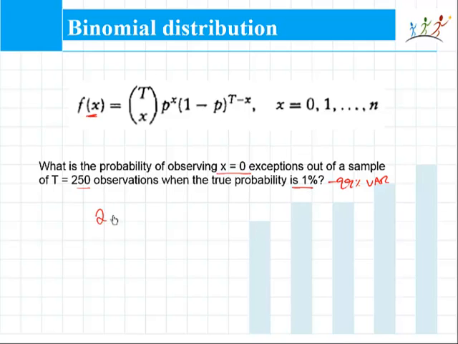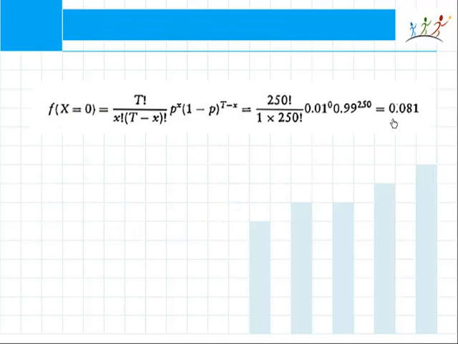It will be given as 250C0, probability of success to the power 0, probability of failure, that is 0.99, to the power n minus x, that is 250 minus 0, or 250, which comes out to be 8.1%. So there's an 8.1% chance that in a year, which normally has approximately 250 trading days, we will see 0 exceptions.